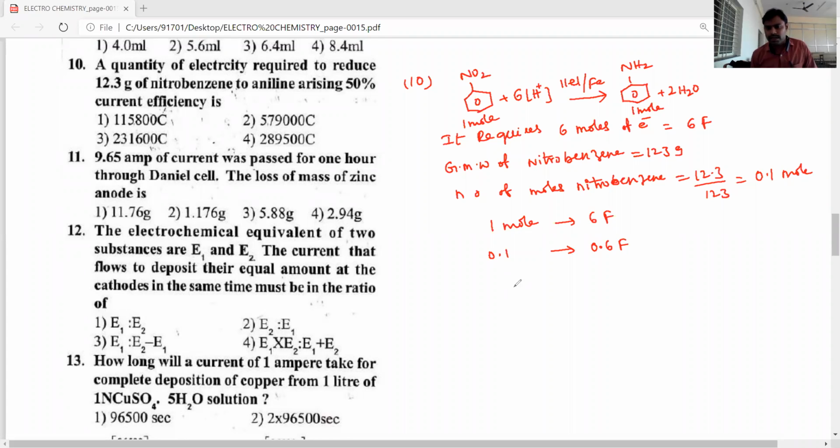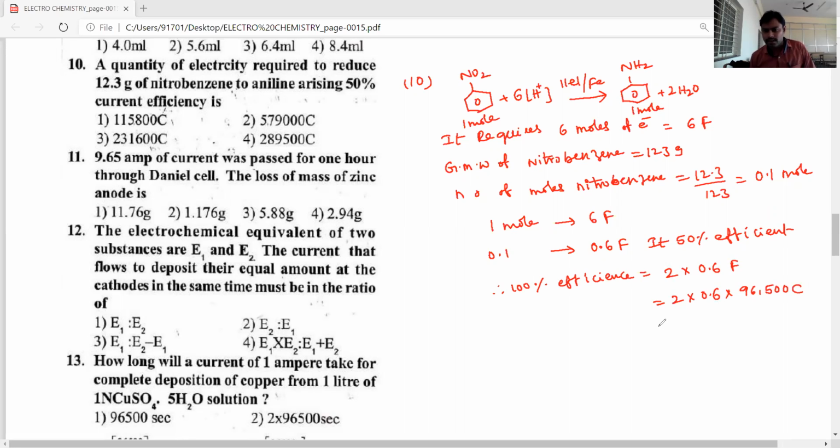And then for 100% efficiency, it is just 50% efficient. Therefore 100% efficiency is equal to 2 into 0.6 faradays, which is 2 into 0.6 into 1 faraday. How many coulombs is that? 96,500 coulombs.